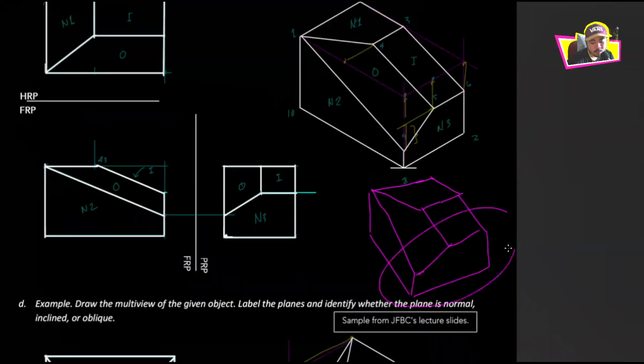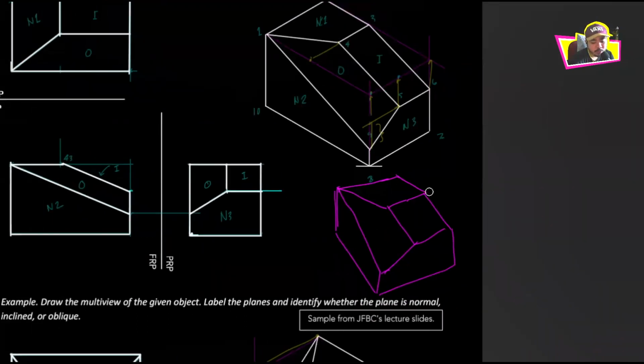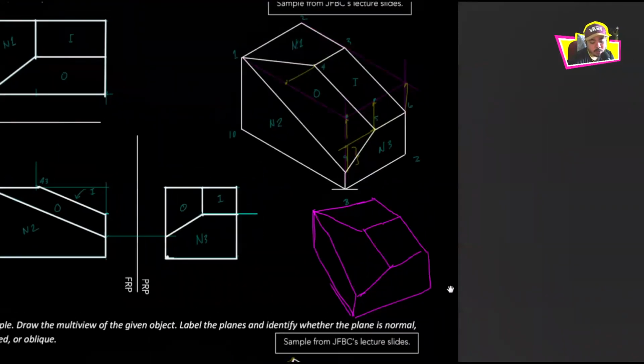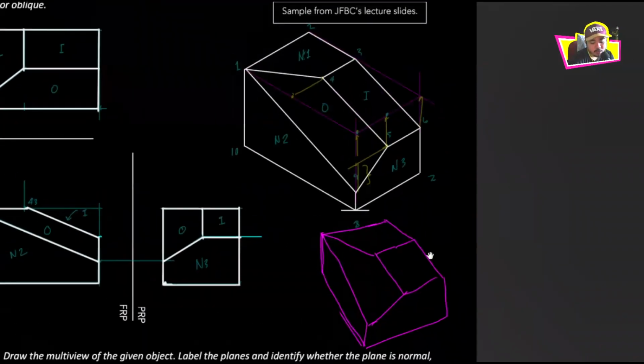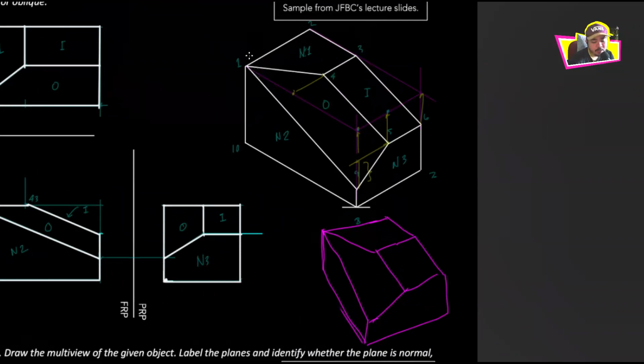So this part is closer to you, therefore it should appear larger, and this back part, ito, is further away, so it should appear, I don't know, smaller. So parang ganyan siya. So ganyan dapat siya sa real world, but because this is an isometric view, kumbaga this part right here appears the same dimensions as this part right here.